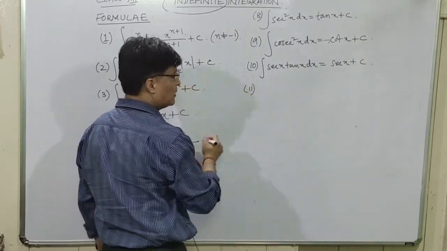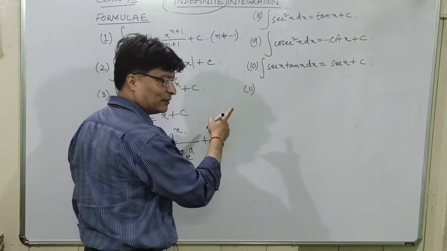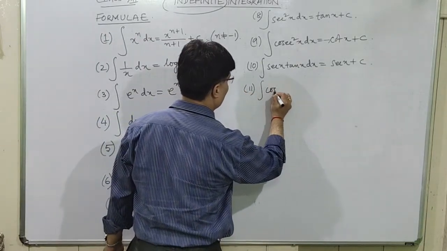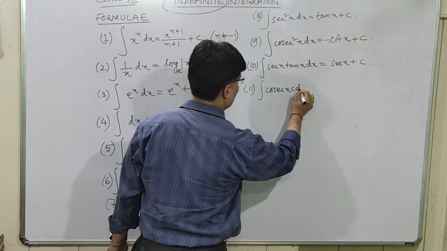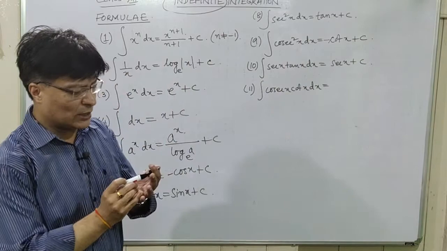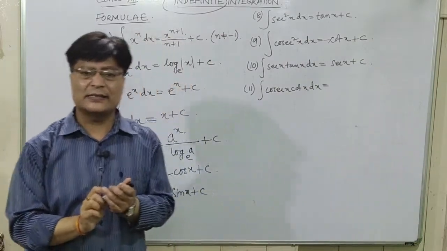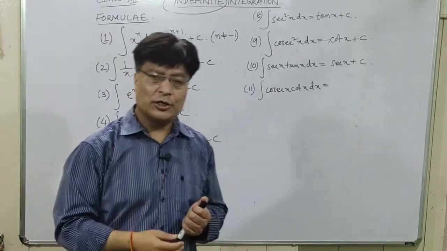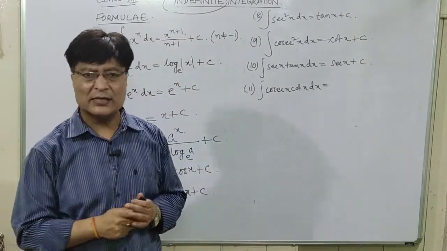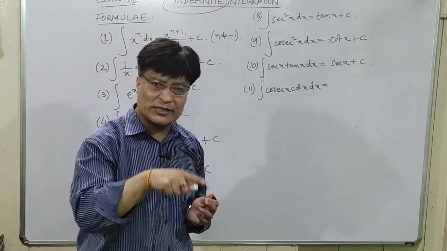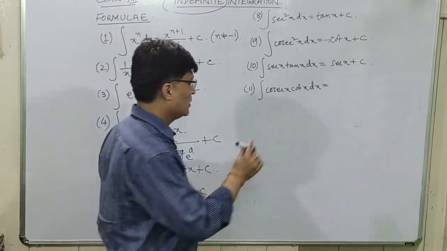Now question number 11 and formula number 11. This is formula number 11. That is integration of cosec x cot x dx is equal to. So now tell me, what is integration of cosec x cot x with respect to x? You know differentiation of cosec x, isn't it? Cosec x को differentiation हुन्छ minus cosec x cot x. You know that.